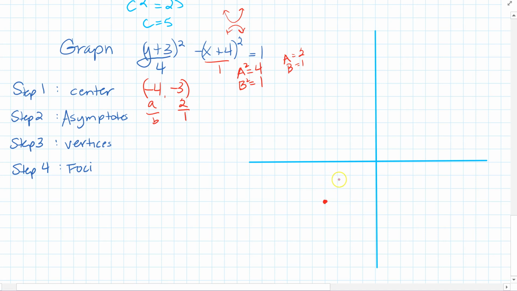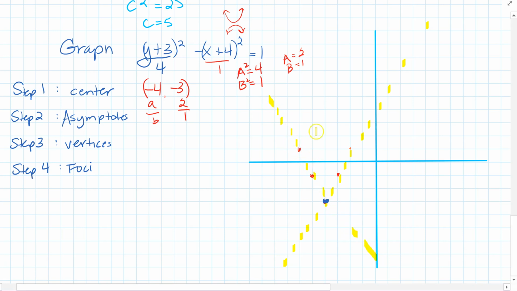So I'm going to count up 2 over 1, 2 over 1 from my center, and that will give me one of my asymptotes. Then for the other direction, I'm going to go 2 over 1 the other way, because that one is just -2.